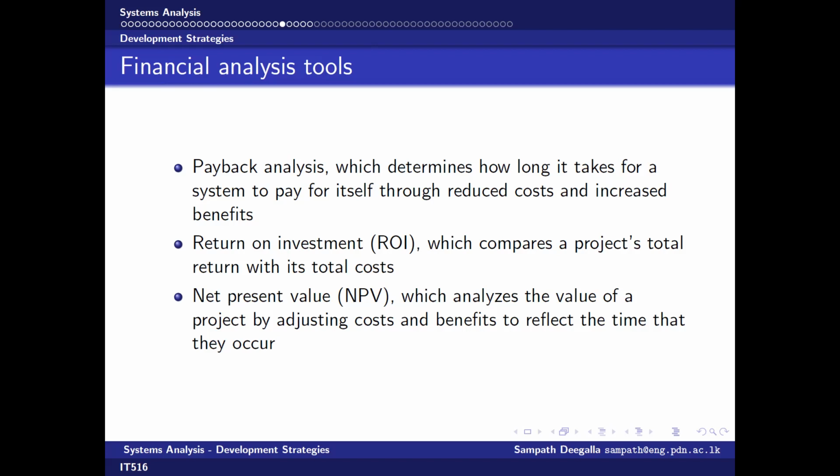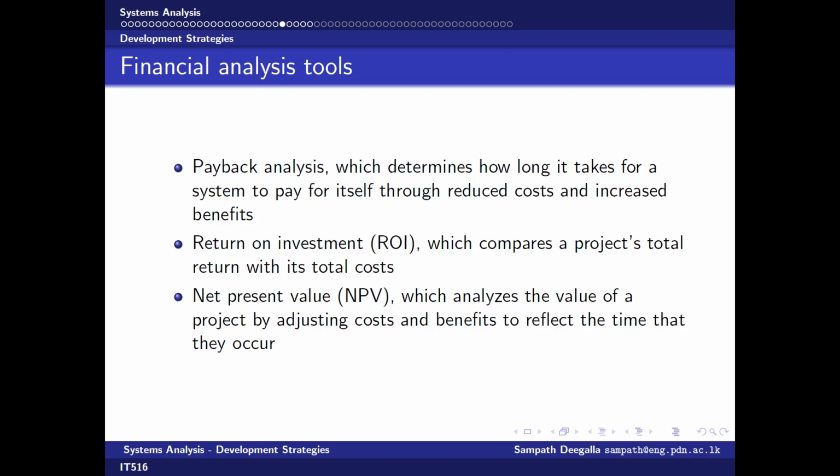For example, when you're developing a system, initially you have to incur some cost. That means the developing time. Let's say you develop a software for 2 years, then during those 2 years you are not getting any benefit. The benefit comes once you deploy the software system, right?